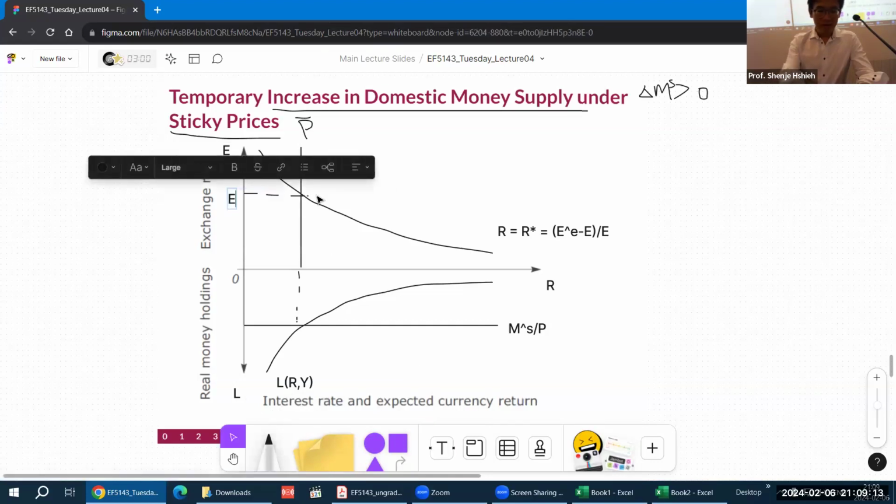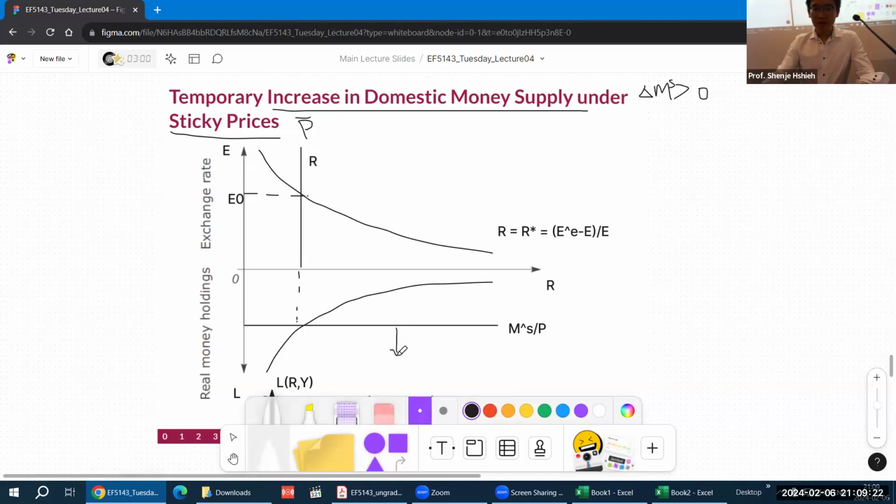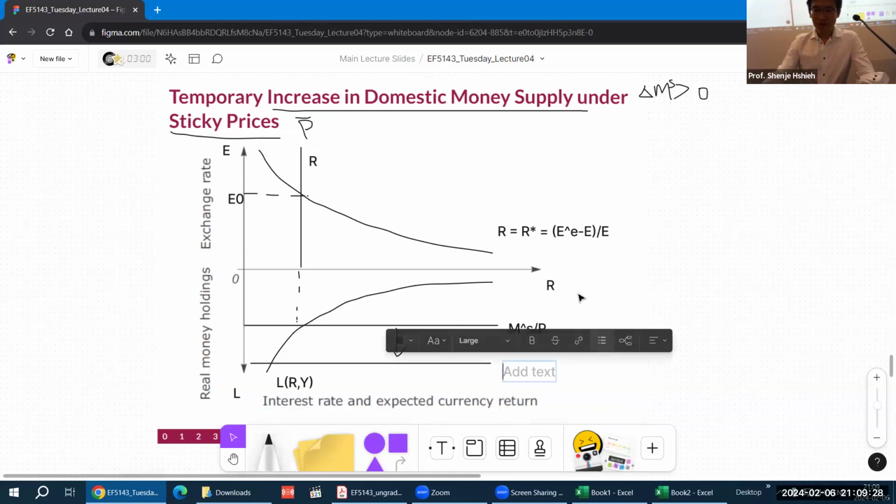But we have a change in money supply that's positive, which means that, like our previous slides, the money supply is going to shift away from the origin, right? Away from zero. So that's our new equilibrium because we have held P constant, right?